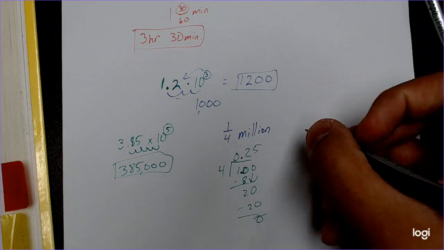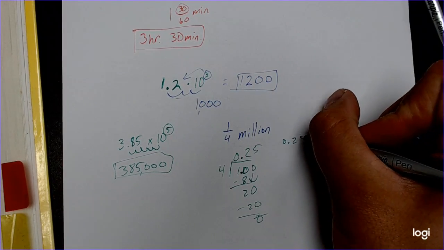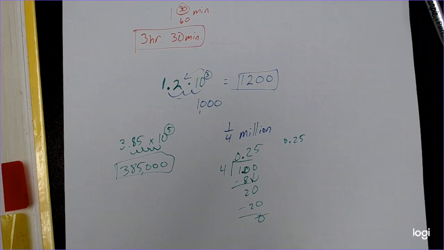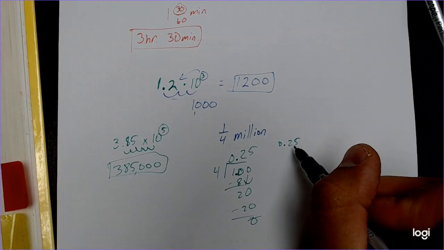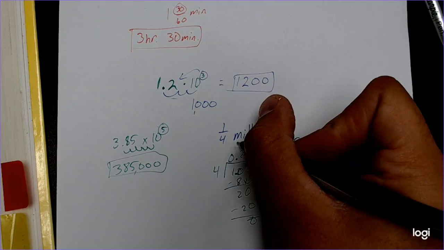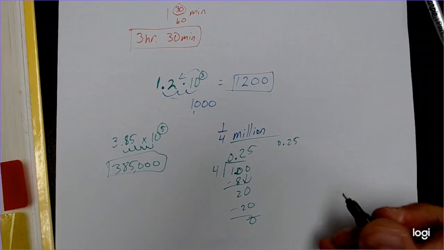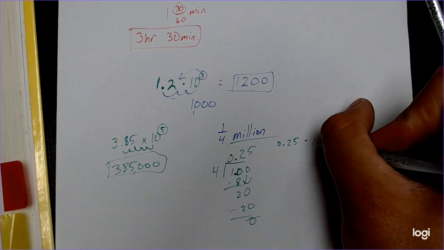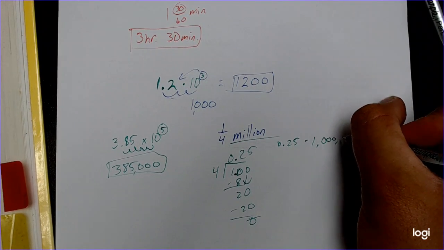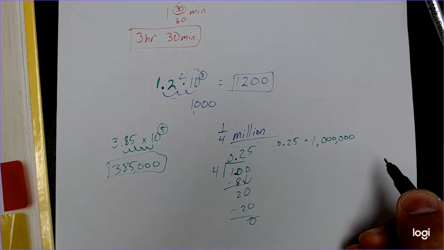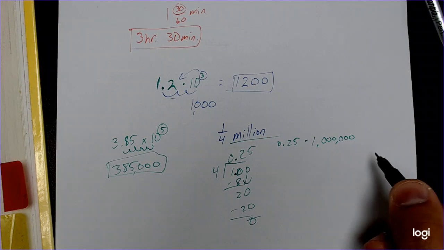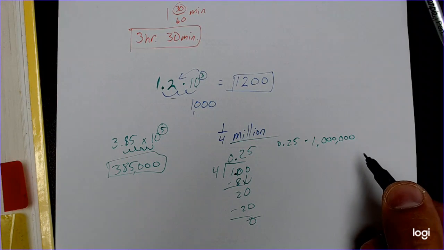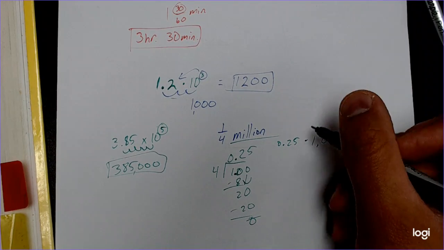So instead of saying 1/4 million, it's 0.25 million. Now, the way I'm going to finish writing this is I'm now going to take my decimal and multiply it by the place value of 1 million, right? Which is 1, 2, 3, 1, 2, 3, a 1 with 6 zeros behind it. So 0.25 times 1 million means I'm going to move this 6 places, right?